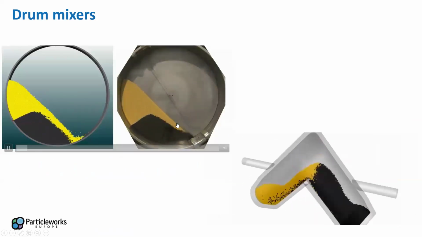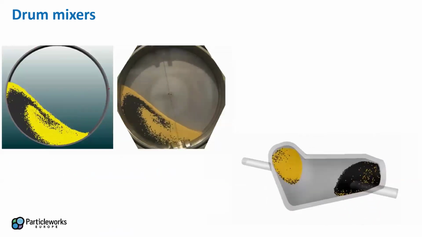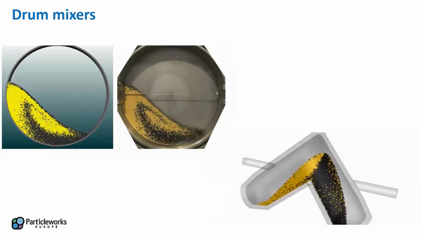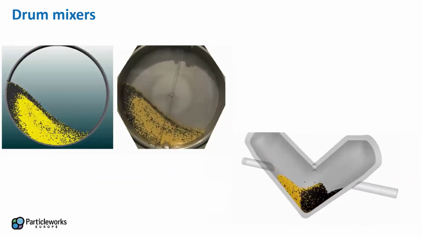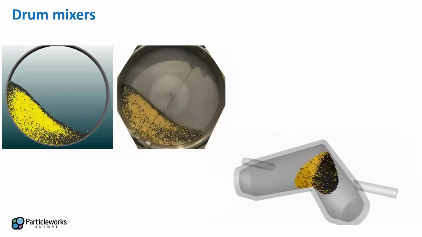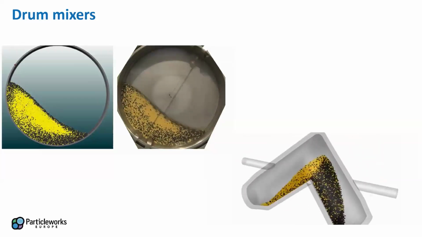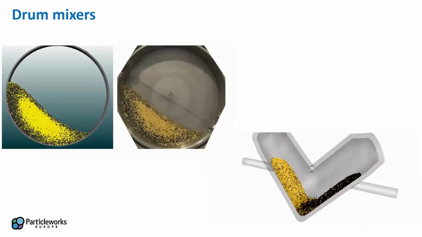Other industrial applications, we already saw some mixers. Of course, this is one of the main fields of application for Granuleworks. I will just now go through some videos just to give you a broader view of where Granuleworks is applied.